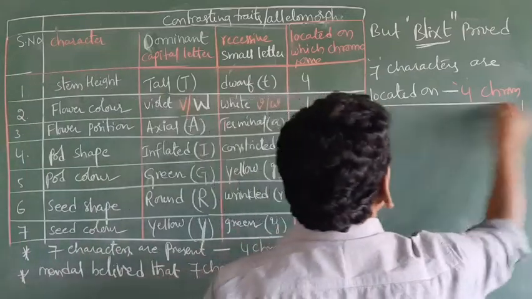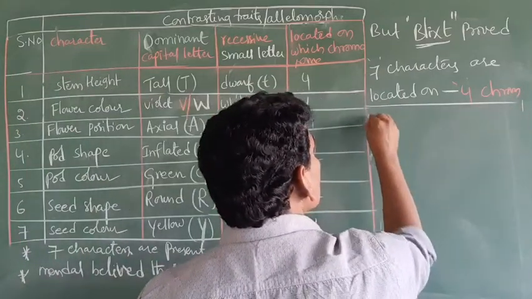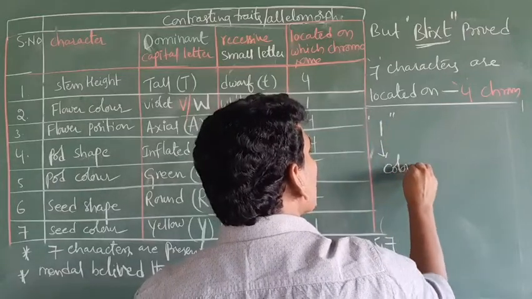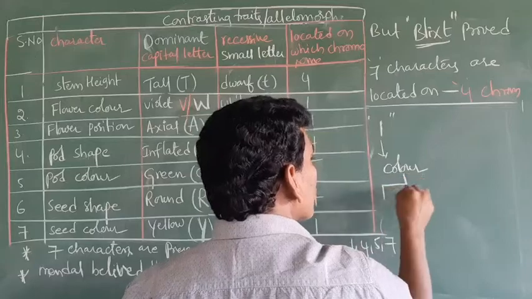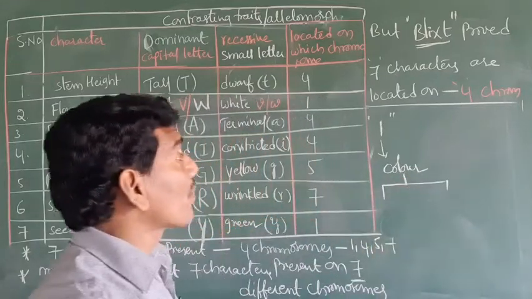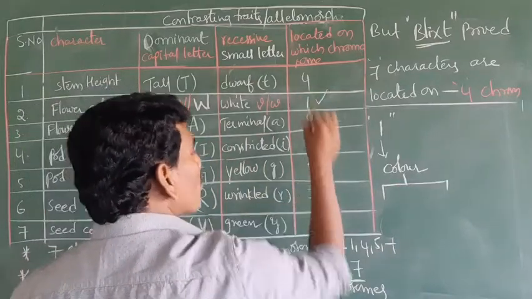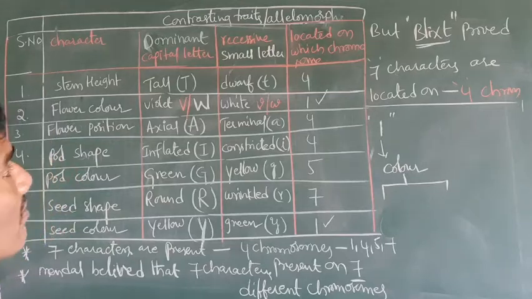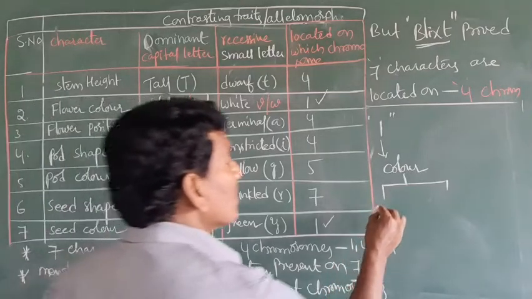First, the first chromosome. If you clearly observe, this one is the first chromosome. What is on it?